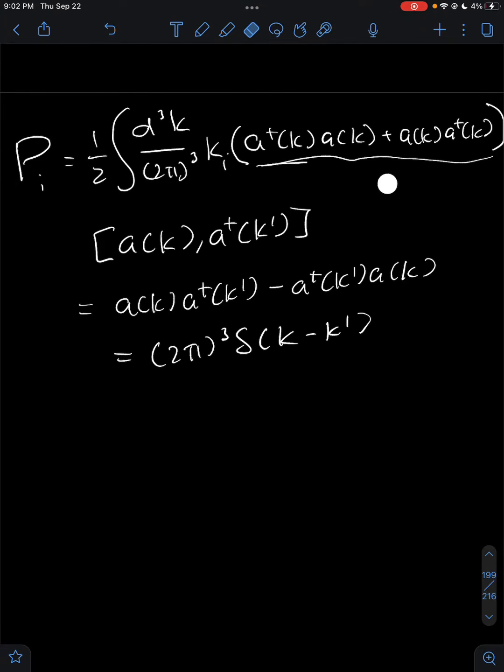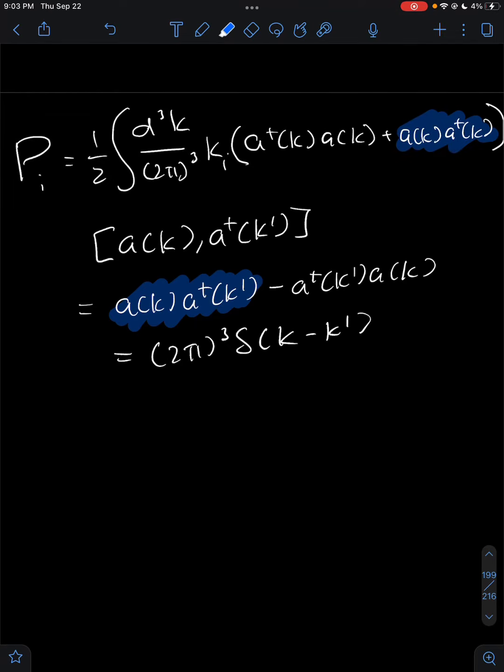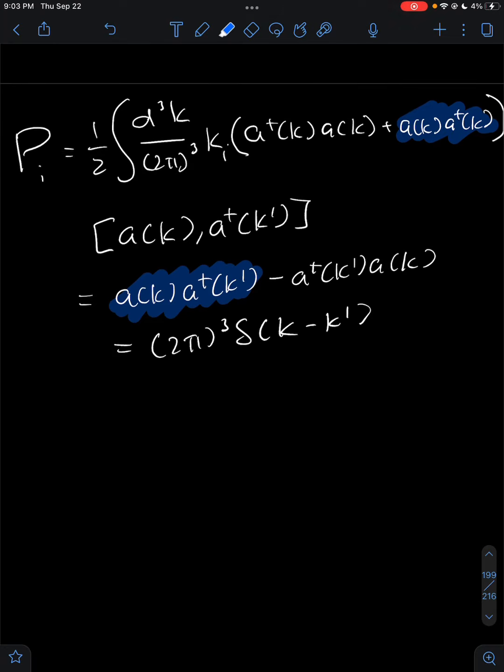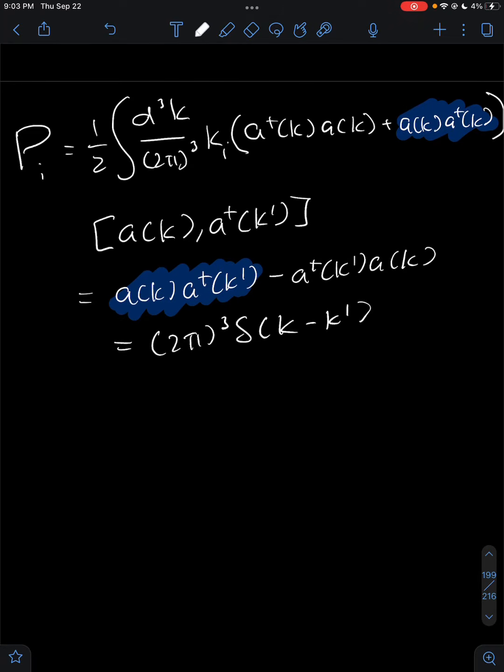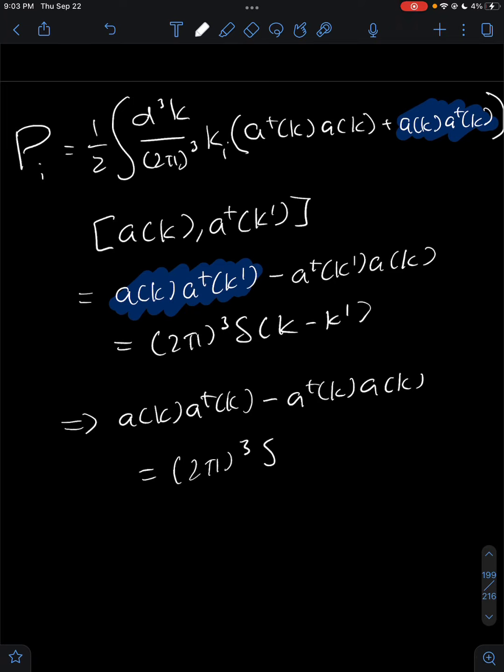So we can immediately see that this A of k, A conjugate k lines up with this one over here, except that in this case, k equals k prime. So this implies that A of k, A conjugate k, minus A conjugate k, A of k equals (2 pi) cubed delta of k minus k, which is just delta of 0.